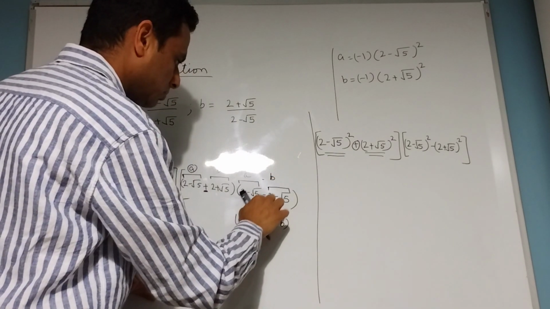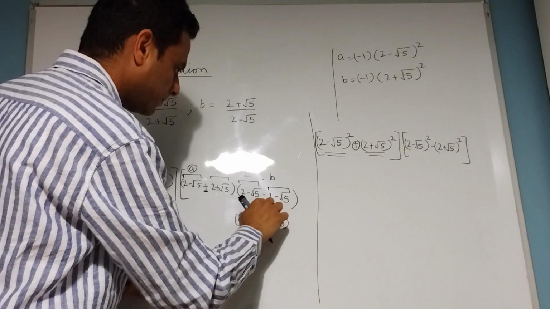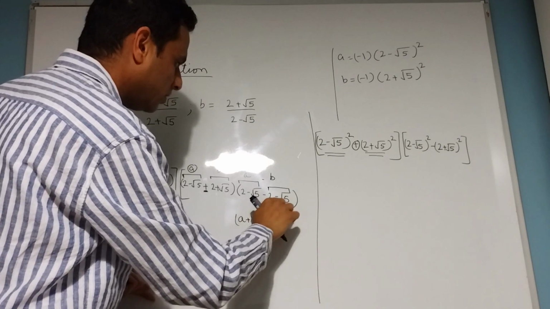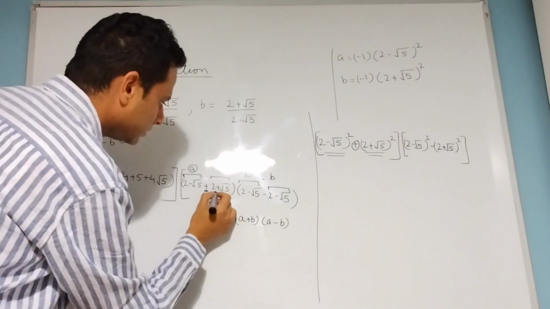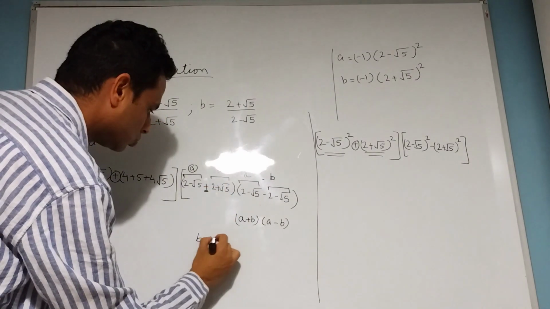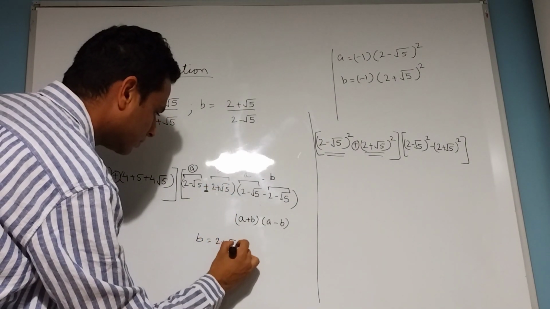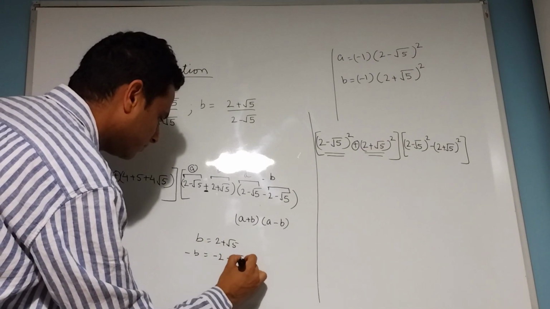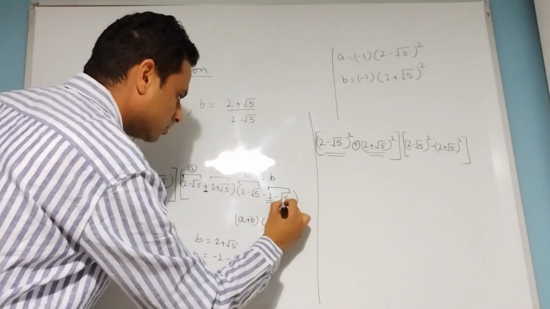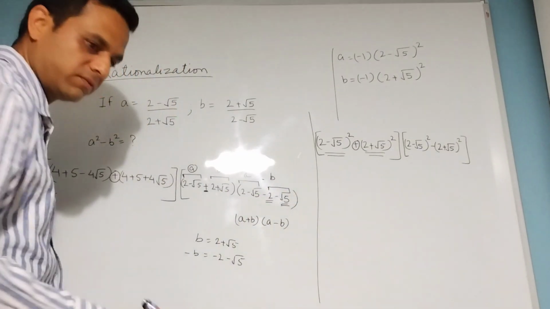Here we see that this is a minus sign. We did minus 2 and minus root 5. You see that b is 2 plus root 5, but minus b would become minus 2 minus root 5. That's what we wrote here, minus 2 minus root 5.